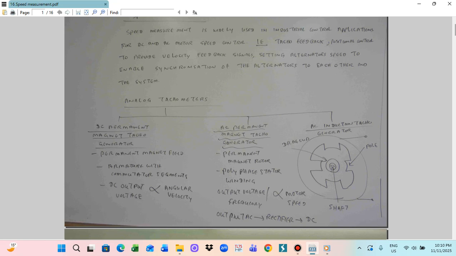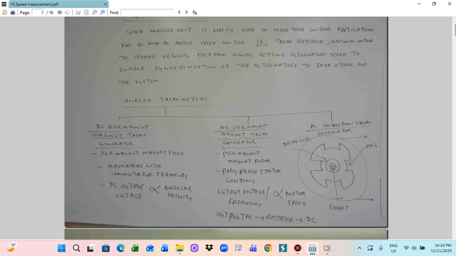The DC tachometer includes a permanent magnet and an armature winding, with DC output proportional to angular velocity. Similarly, the AC permanent magnet tachometer has a permanent magnet rotor and a polyphase stator winding, with output voltage and frequency proportional to the motor speed. The output AC is rectified to DC. This is what we use as a tachometer.